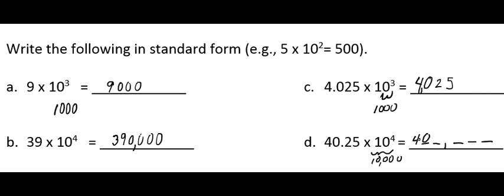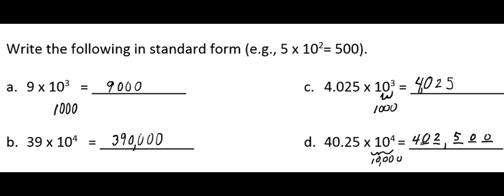2 tenths times 10,000 is 2,000. 5 hundredths times 10,000 is 500. And then I continue filling in the place value spots with zeros.